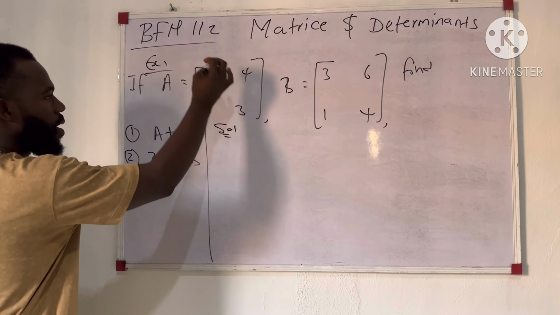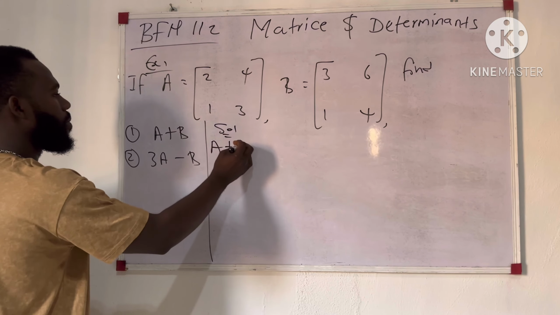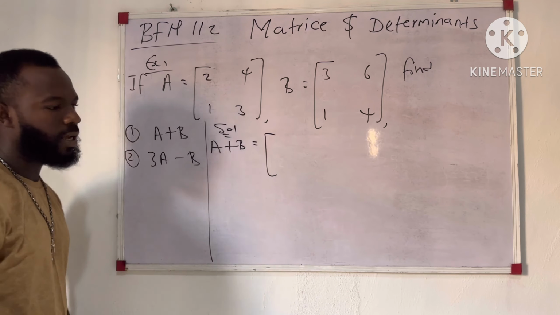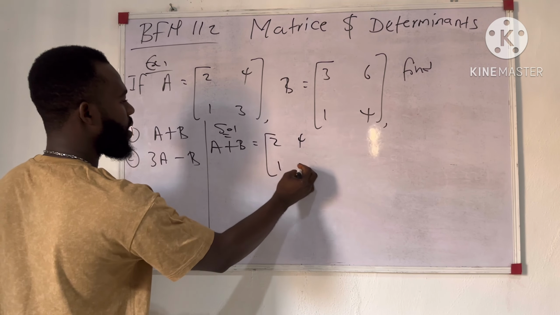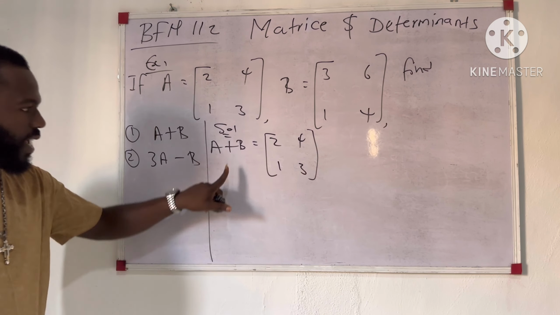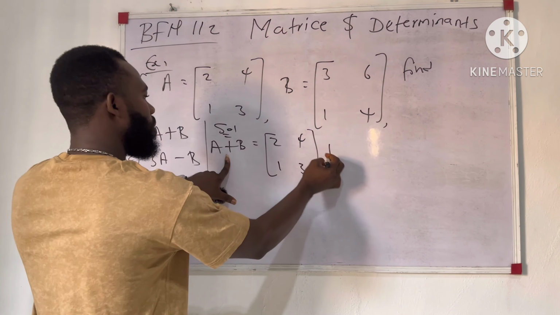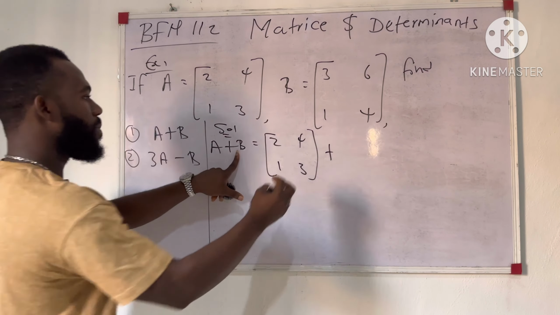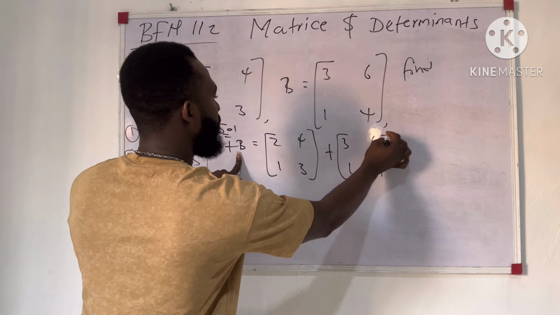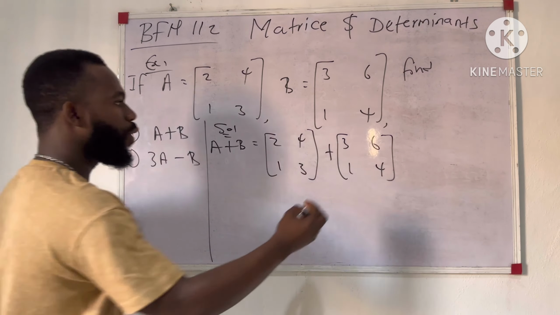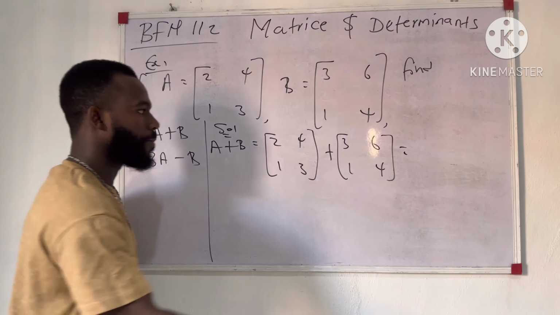Solution. A plus B becomes the matrix of A, which is 2, 4, 1, and 3. Don't forget the sign we have here is plus, so we give a plus sign here, plus the matrix of B, which is 3, 6, 1, and 4. If we do that, this is how it works.